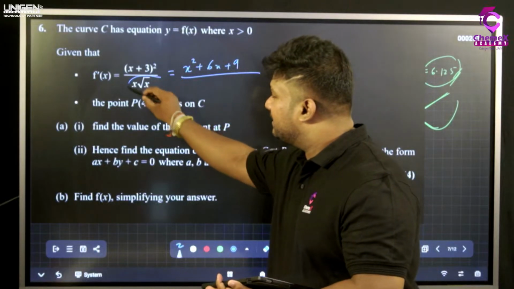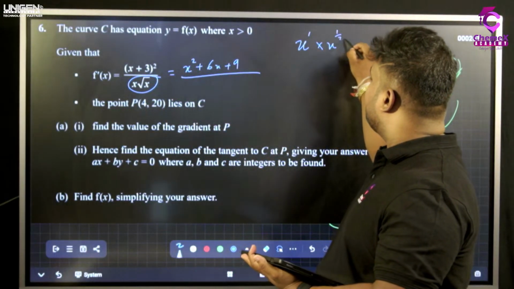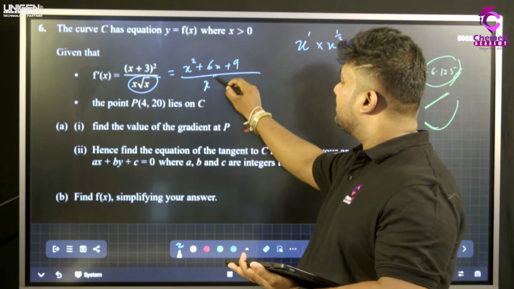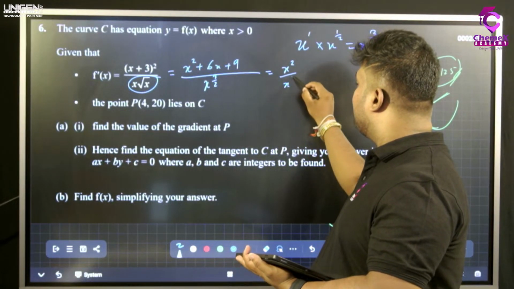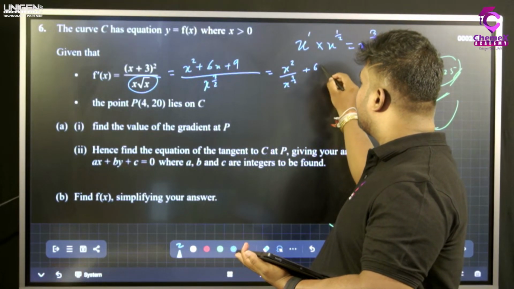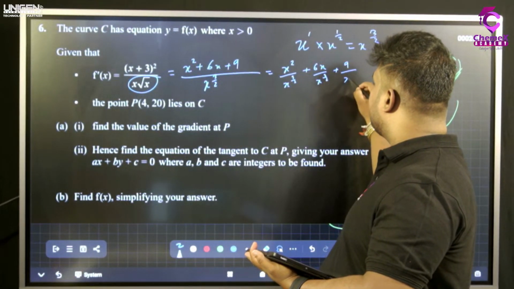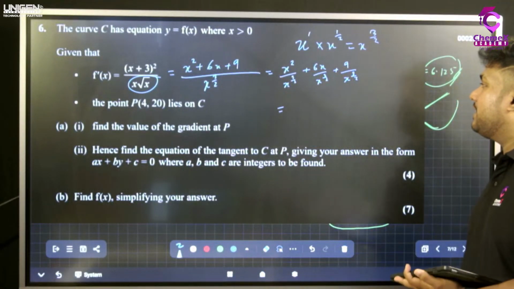x power 1 and x power half, when added, what do they make? x power 3 over 2. Then divide. x squared over x to the 3 over 2 plus 6x over x to the 3 over 2 plus 9 over x to the 3 over 2. So what do you get? 2 minus 1.5 is what?